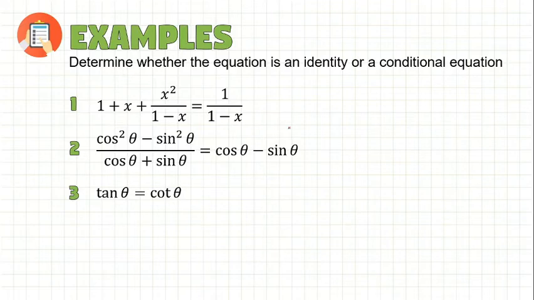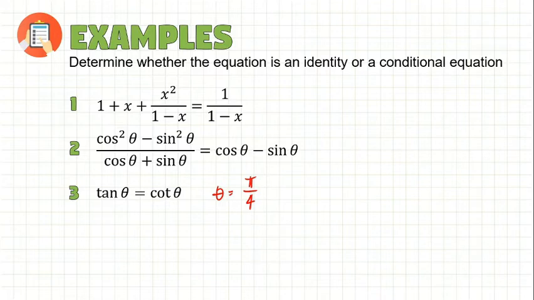Actually, if we have theta equal to pi over 4, tangent pi over 4 is equal to 1. Cotangent pi over 4 is equal to 1. So therefore, the equation will become true if theta is equal to pi over 4.